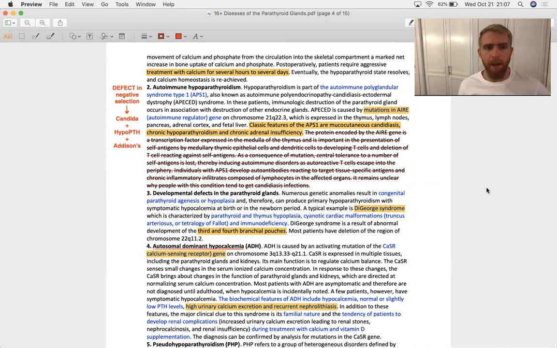What's happening here is a defect in negative selection. So understand T cells mature in the thymus, and part of that process of maturation is medullary thymic epithelial cells presenting various proteins to T cells and then gauging the affinity of those T cells to bind to those proteins on major histocompatibility complex molecules.